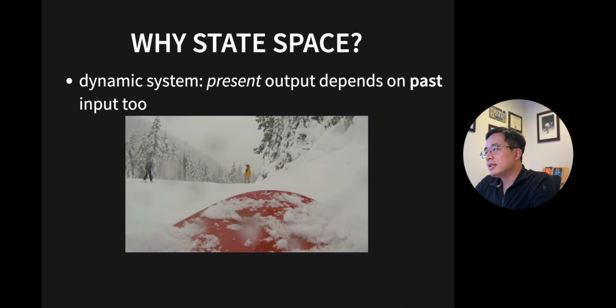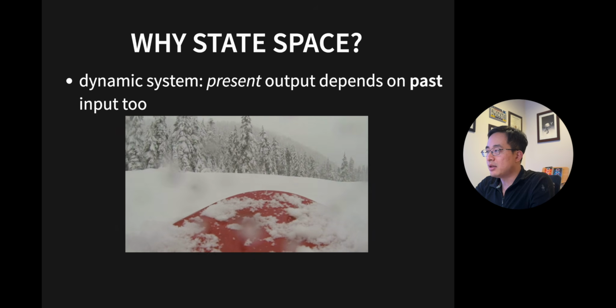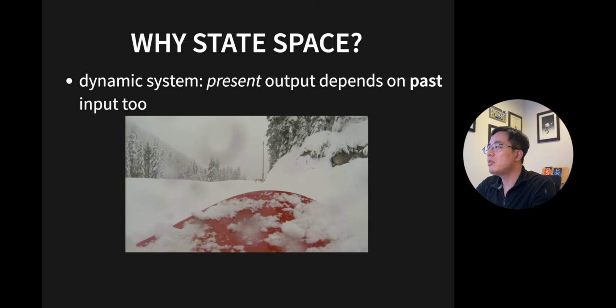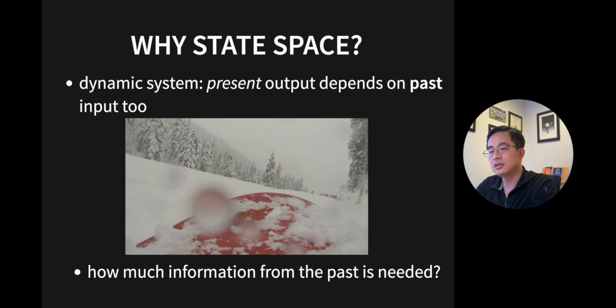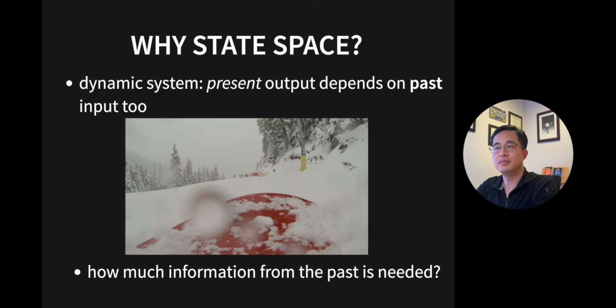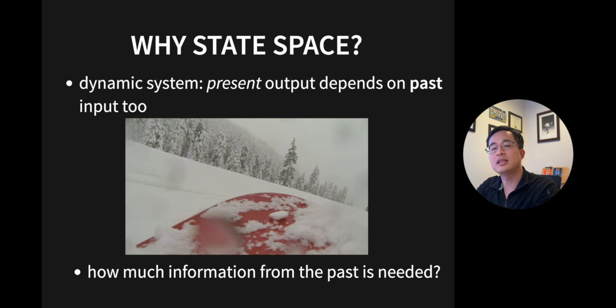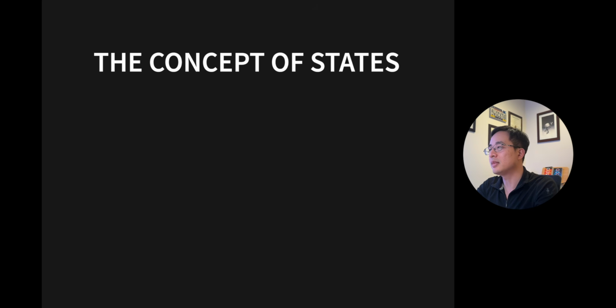Now we understand that the output of a dynamic system depends on past inputs, but how much past information is needed to describe this dynamic system? That is why state space becomes important.